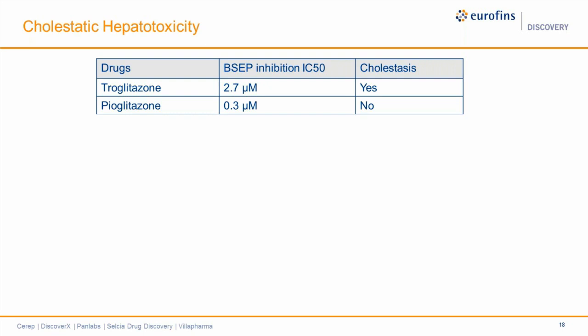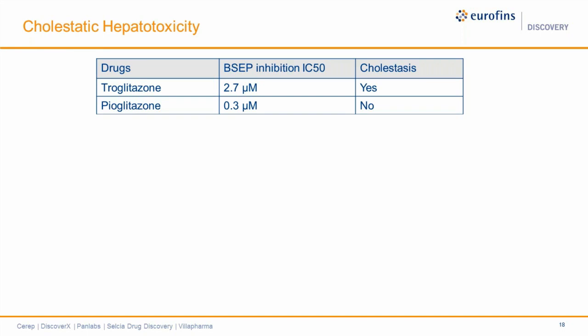Pioglitazone is a more potent BSEP blocker than troglitazone, as shown in this table: troglitazone inhibits BSEP with an IC50 of 2.7 micromolar, and pioglitazone has an IC50 of 0.3 micromolar. While troglitazone causes cholestasis, pioglitazone does not, even though it is a more potent BSEP blocker than troglitazone.